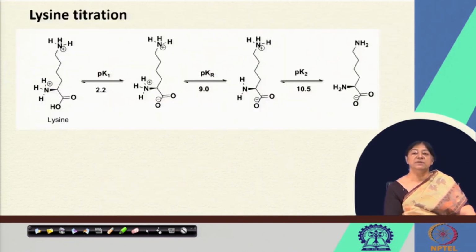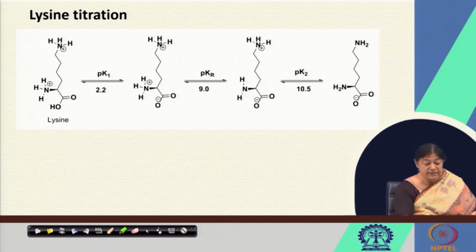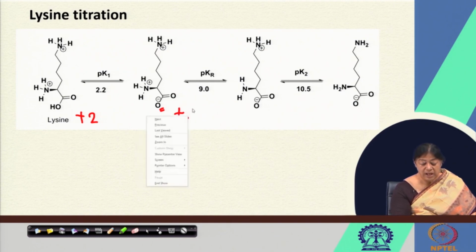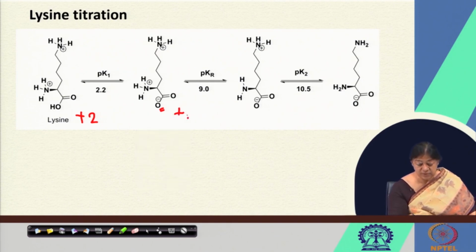Similarly, if we do something for lysine, we look at the point here, where we have a charge of +2. Here we are losing the proton, and now we have a charge of +1. Now, when we look at the second set, when we are going for the pKR, we have now lost this proton, and we have a charge of 0.